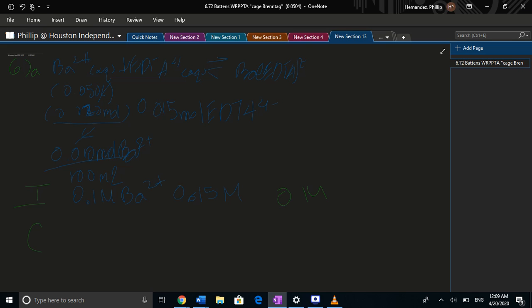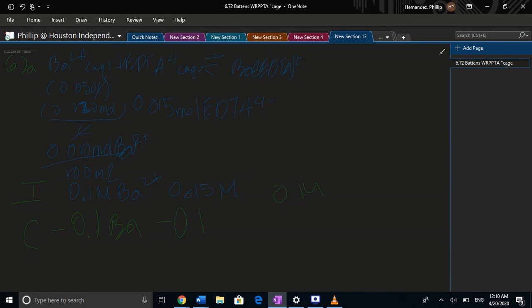So for our change, since we have such a high equilibrium constant, our molarity of Ba2+ ion is going to be gone. But since this is also our limiting reactant, the reaction only stops when one of them goes out. So EDTA is going to be left in excess.